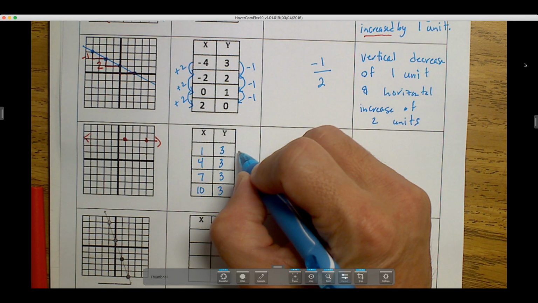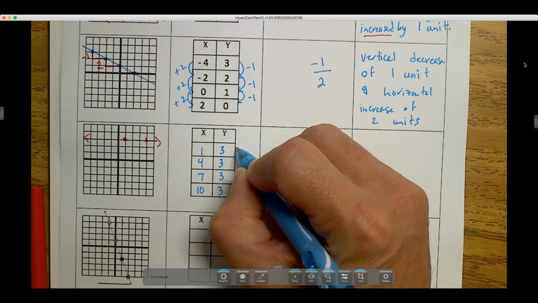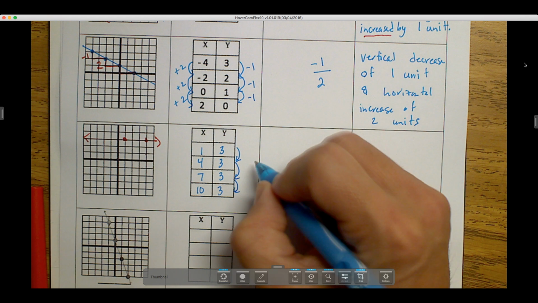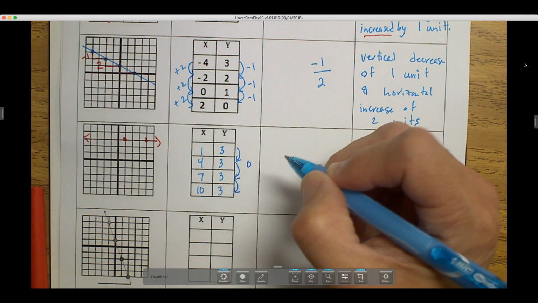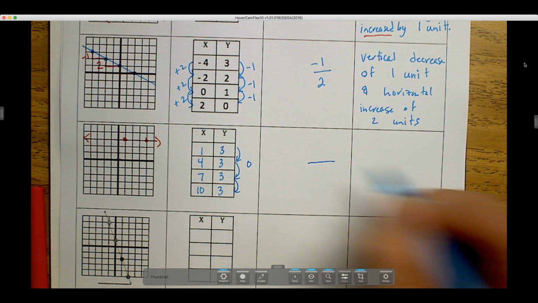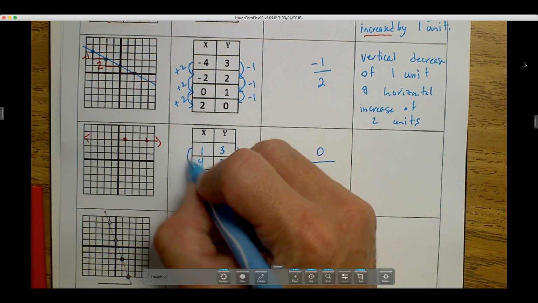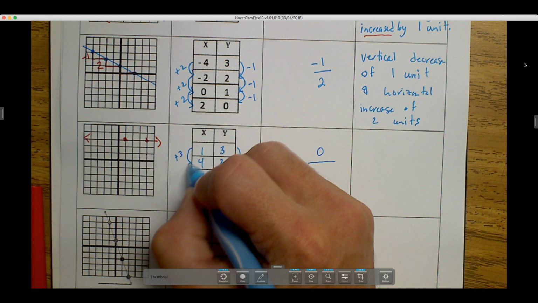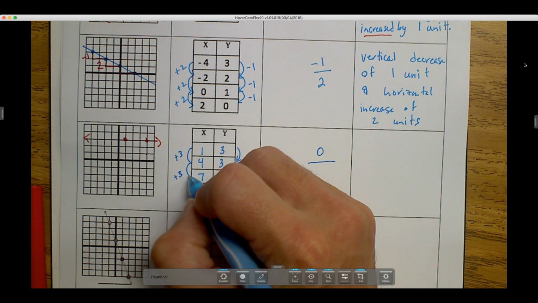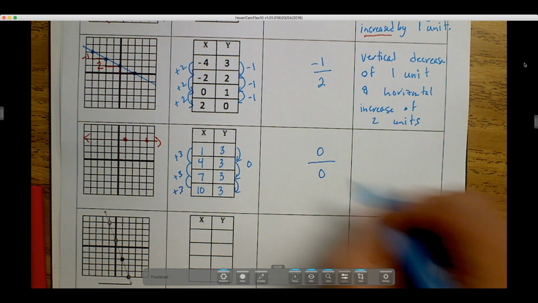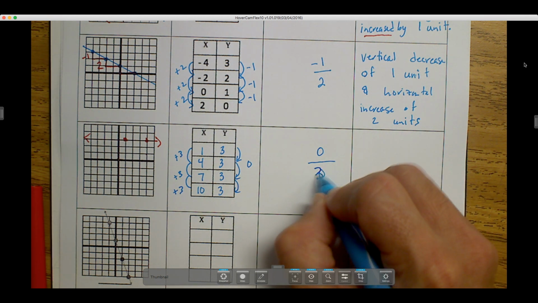If we look here, we go from 3 to 3 to 3 to 3. There is 0 change. So again, when it's rise over run, it is 0 up here. When we go from 1 to 4, we add 3, 4 to 7, we add 3, 7 to 10, we add 3. So 0 over 3, excuse me. It should be a 3.